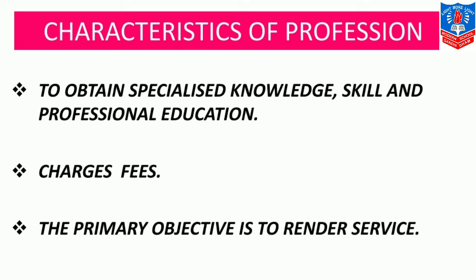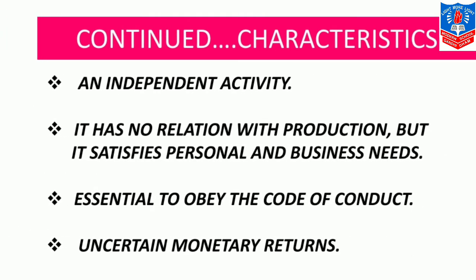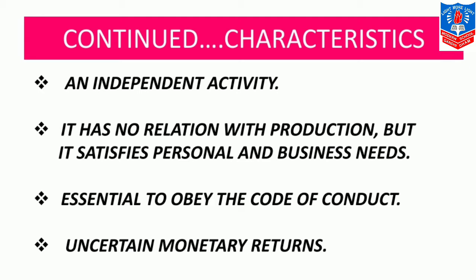The third characteristic is that the primary objective of a professional is to render service. Number 4, it is an independent activity for earning. The fifth point is that professional activity has no relation with production, but it satisfies personal and business needs.